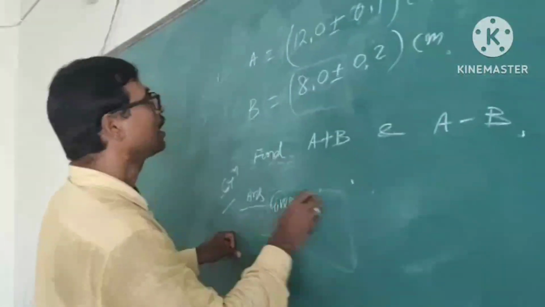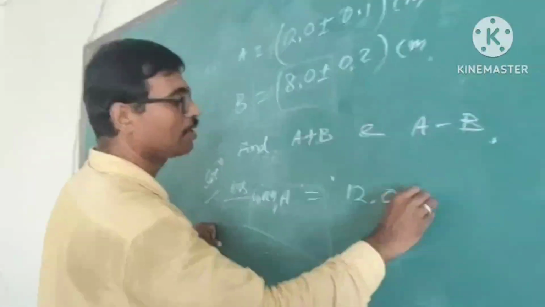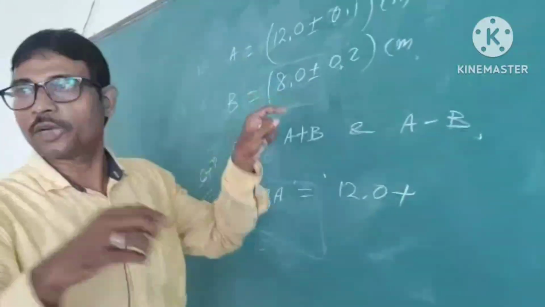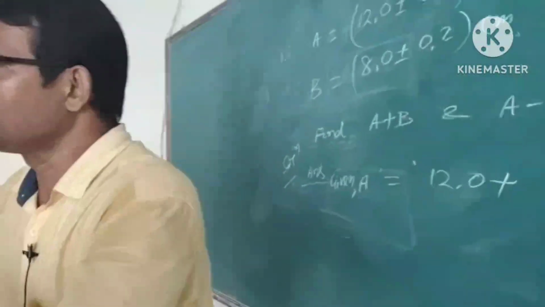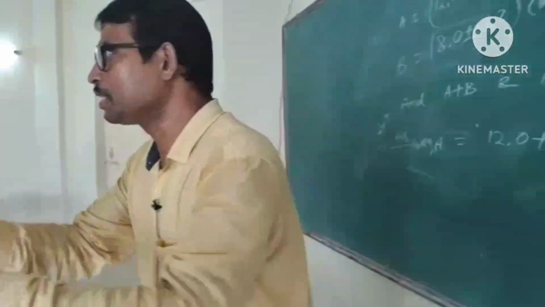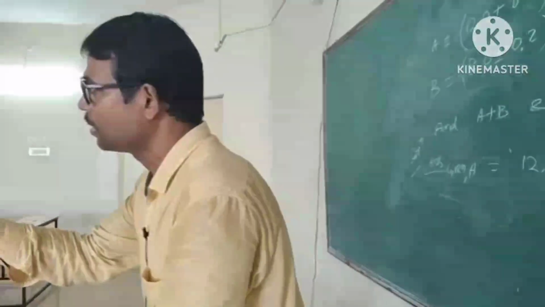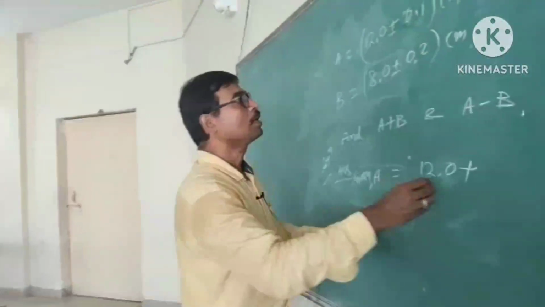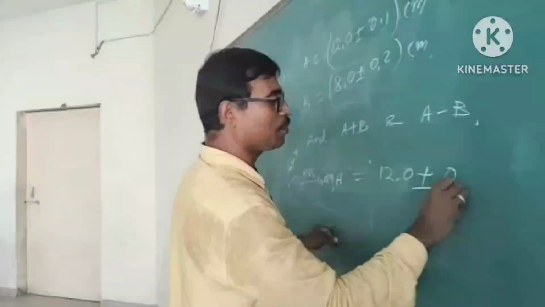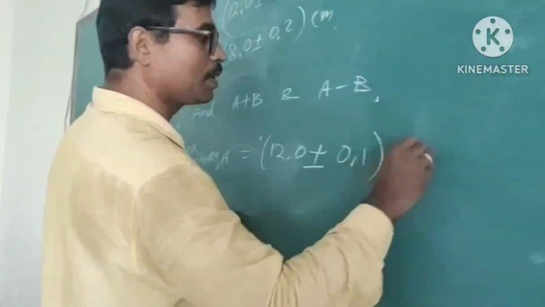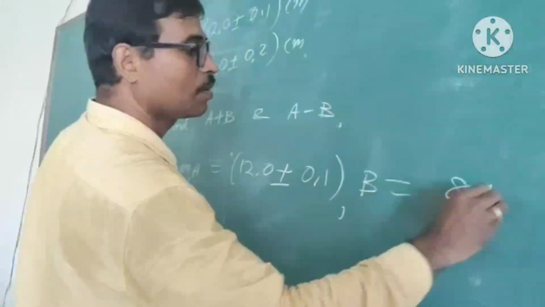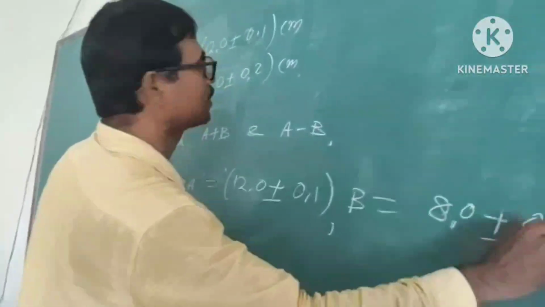Given a is equal to 12.0. 12.0 means more accurate. 12 has 2 significant figures, 12.0 has 3 significant figures. So mind it, it is plus minus 0.1. B is equal to 8.0 plus minus 0.2. First you must write what is given.